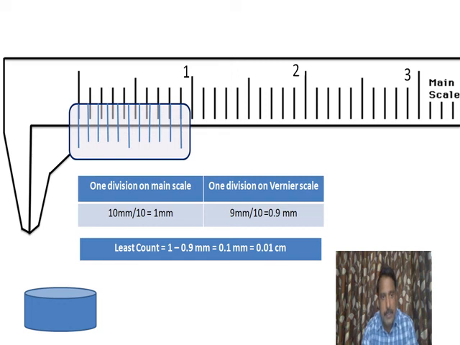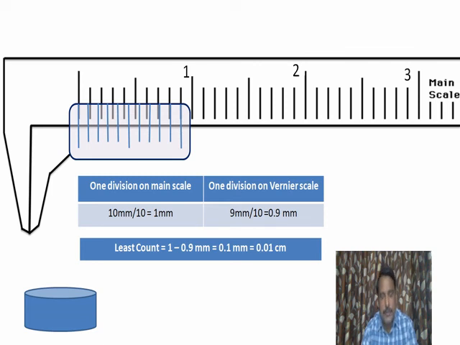On the main scale, as we discussed, within 10 mm there are 10 divisions, so one division is 1 millimeter. And on the Vernier scale, within the distance of 9 millimeters, which is the distance of 9 divisions of the main scale, there are 10 divisions of the Vernier scale. So 9 mm divided by 10, that is 0.9 mm.